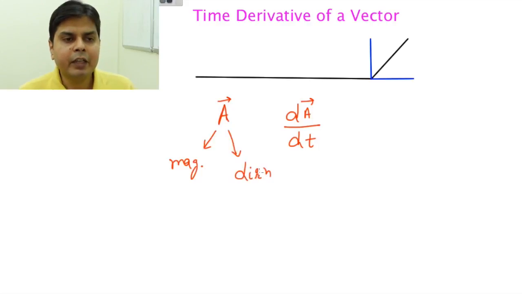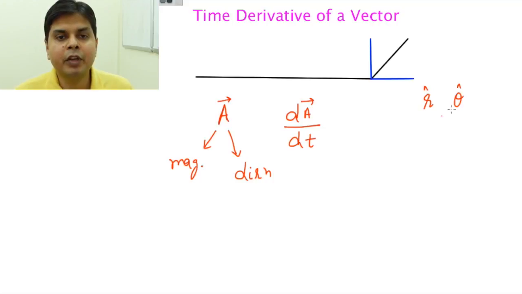So if either of these two things changes, the vector will change and I will have a dA by dt vector. If the magnitude is changing, then I will have dA by dt. If the magnitude of a vector is constant but the direction is changing, even in that case I will have dA by dt, as is the case with r cap and theta cap. Their magnitude is constant, equal to 1, but since their directions are changing, I will have d r cap by dt and d theta cap by dt.